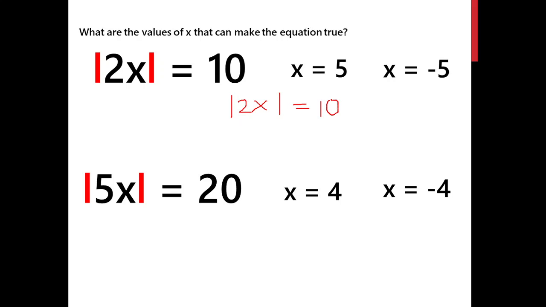Now, if you notice here, if we are talking about absolute value, there are two possible answers when it comes to an equation. I'm talking about equation and absolute value. If it's an equation with absolute value, it requires two possible answers.